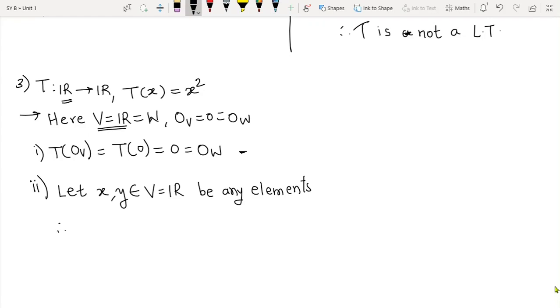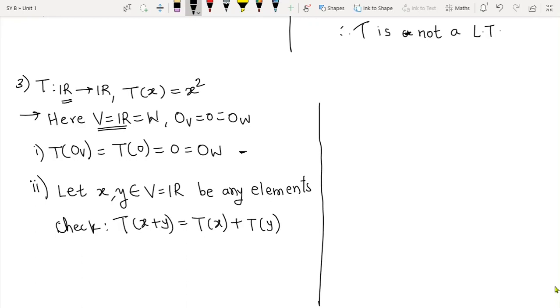So therefore what we have to check actually over here, for the second condition, is whether this T of x plus y is equal to T of x plus T of y or not. Is that fine? So we will start with LHS.